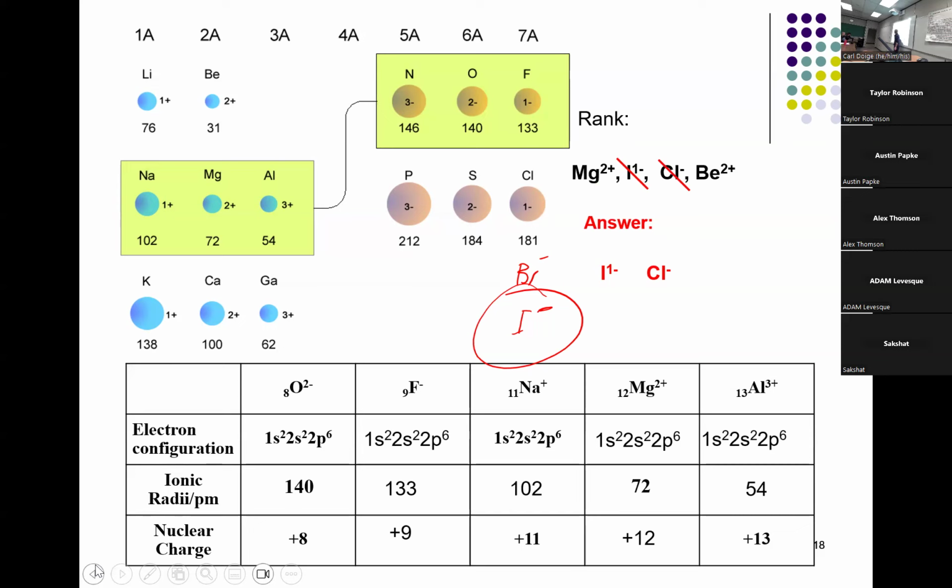And then going up this way, things get smaller. So chloride's bigger than calcium +2, which is bigger than magnesium +2. Sometimes when you're doing these, if it would help, you could always write in sort of an intermediate ion. So chloride would be bigger than calcium +2, which would be bigger than magnesium +2, which in turn would be bigger than beryllium +2. And there would always be a way of making the comparison.